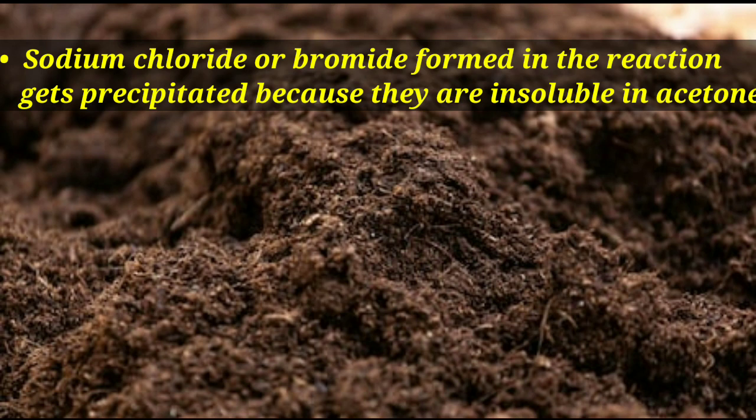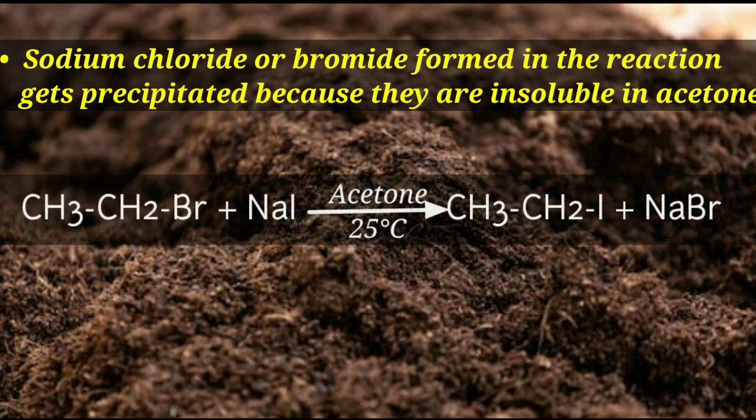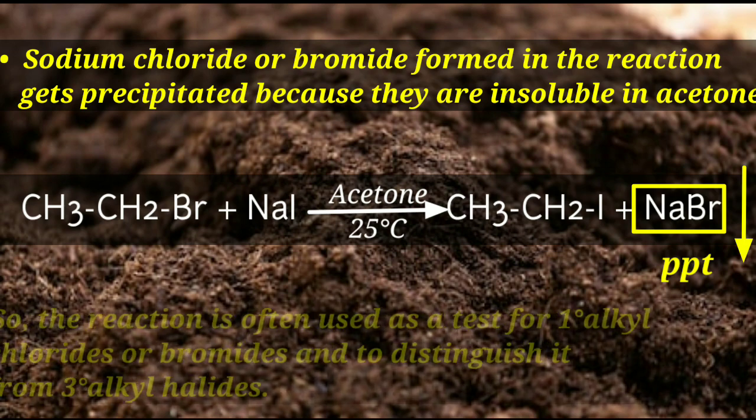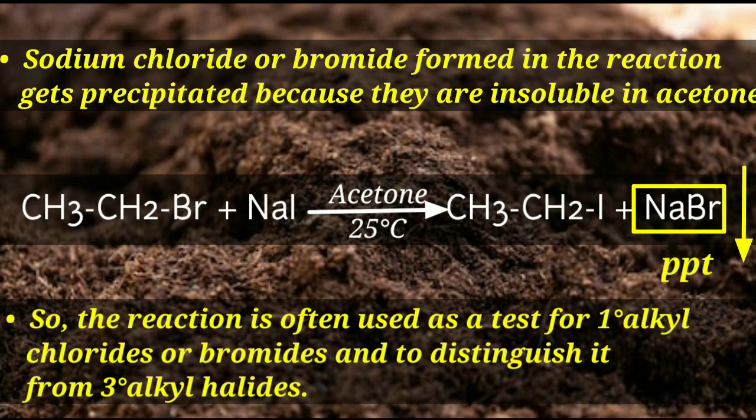Listen students, here the medium was acetone, no? And the byproduct sodium chloride or bromide is insoluble in acetone. That means they are obtained in the form of a precipitate. Here NaBr, the side product, will be obtained as a precipitate. So this reaction is often used as a test for primary alkyl chlorides or bromides.